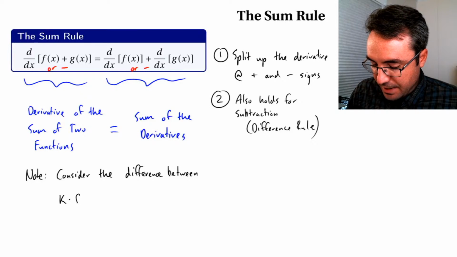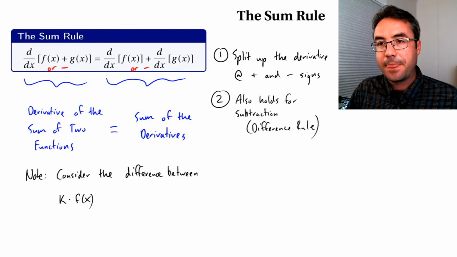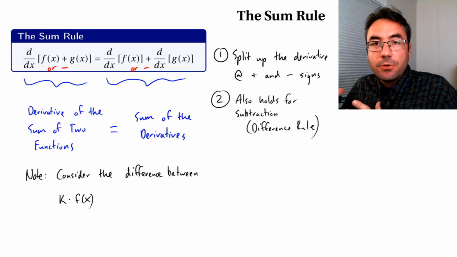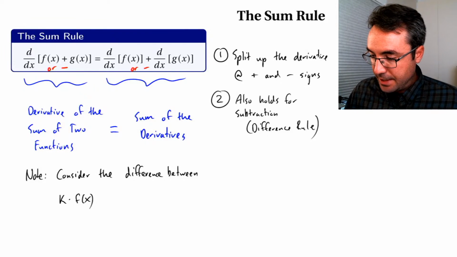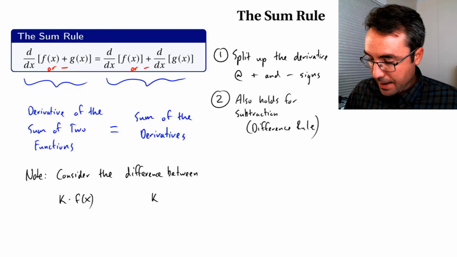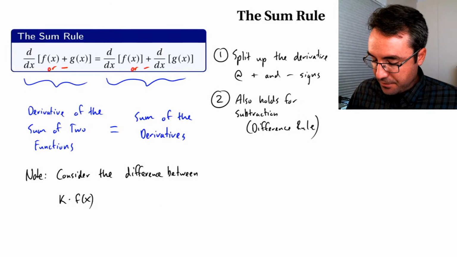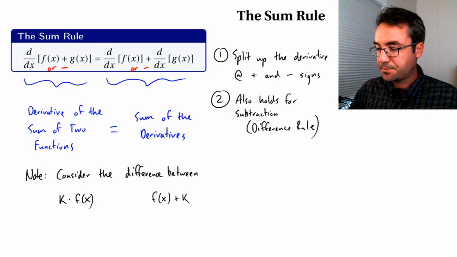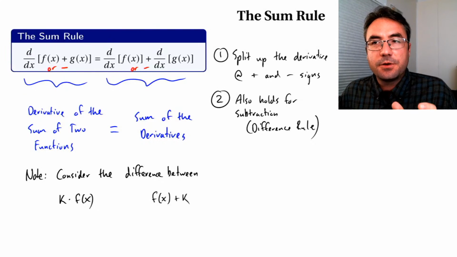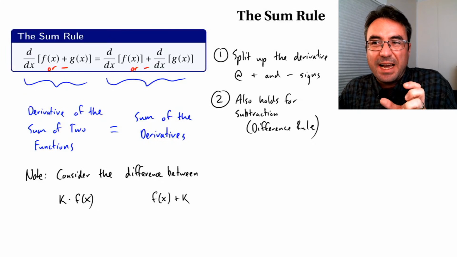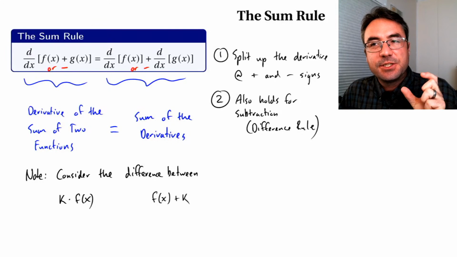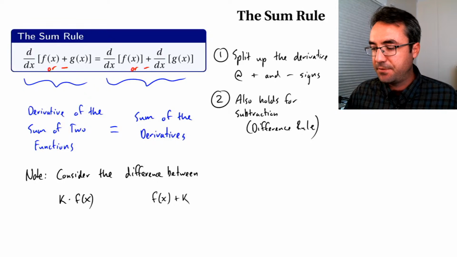So k times f of x. What this new rule is saying is what might happen if we have f of x plus a constant k. In practice, these will look similar, and it's important to consider what makes these two functions different.